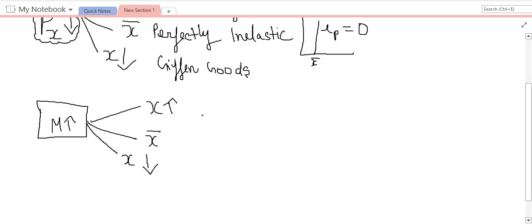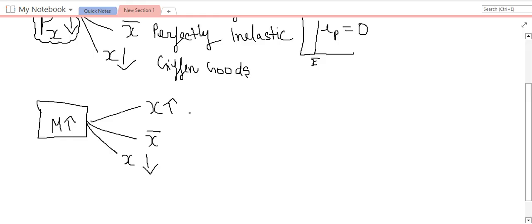If your income increases, you would normally increase your demand for cars or some kind of luxury items or some kind of normal stuff which you would like to consume more of.